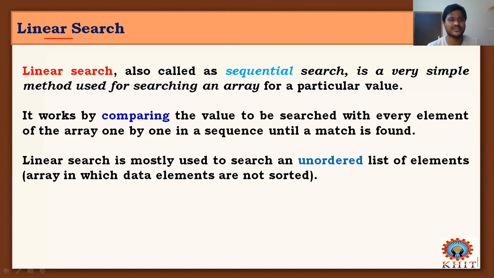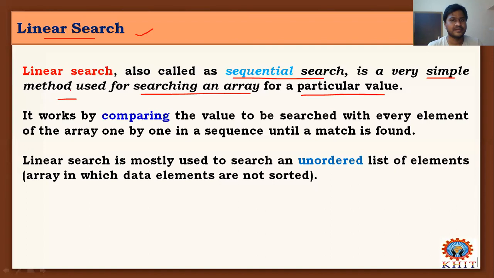Coming to the first one, linear search. Linear search is also called sequential search, and it is a very simple method for searching an array for a particular or desired element.